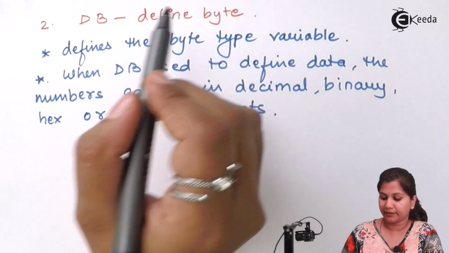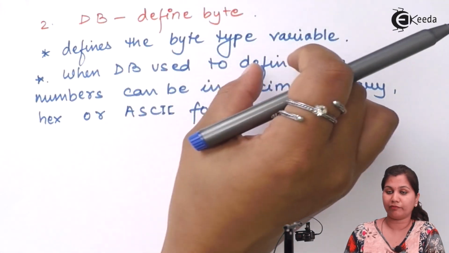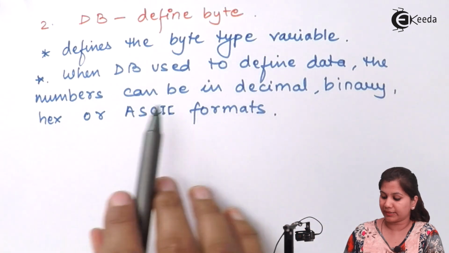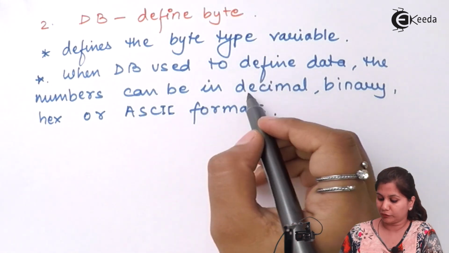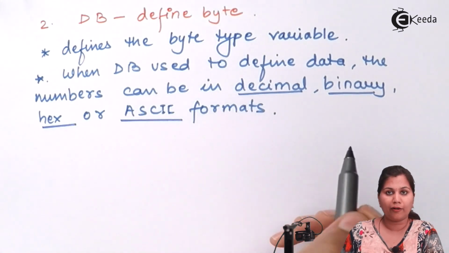When DB is used to define data, the format of the number can be decimal, binary, hex or ASCII.